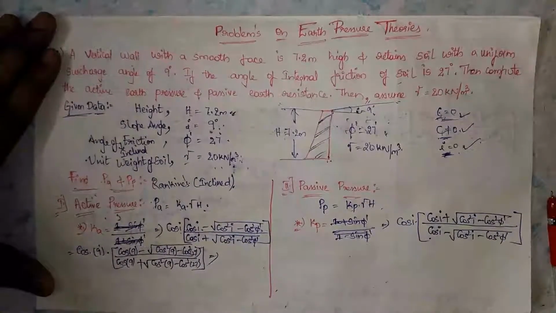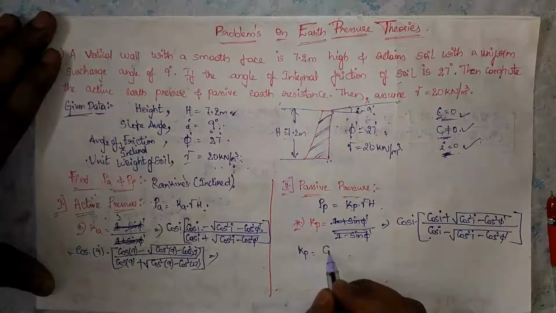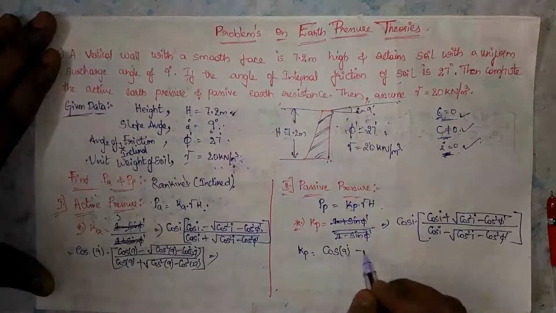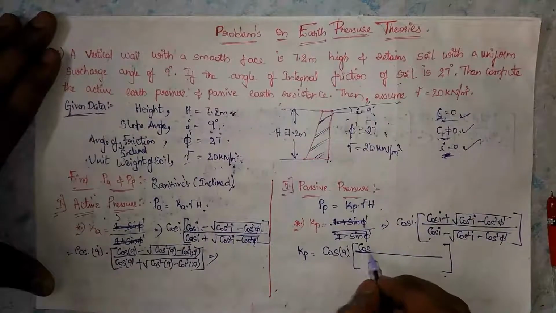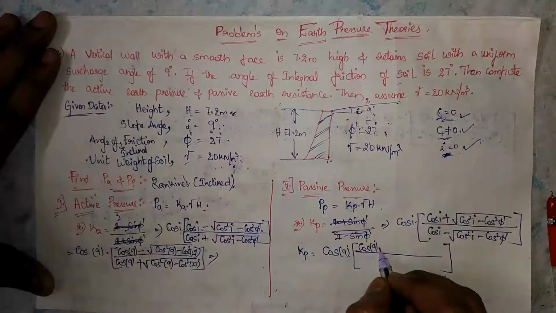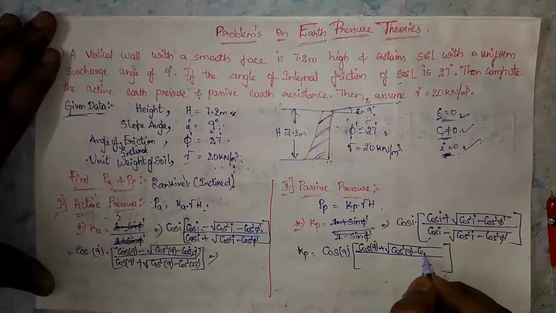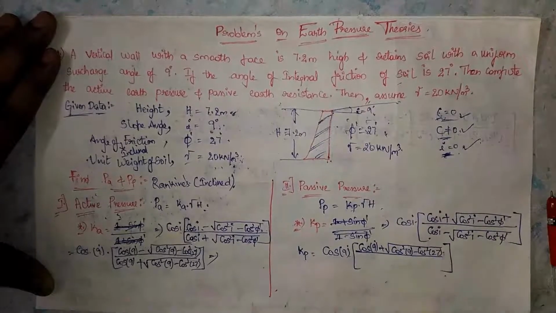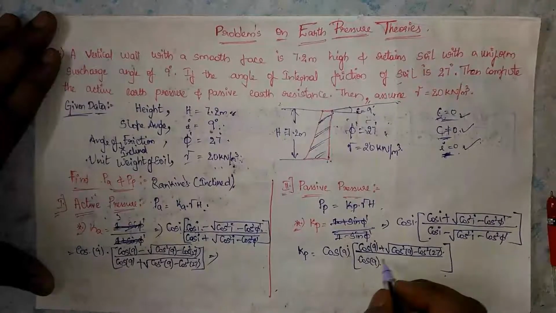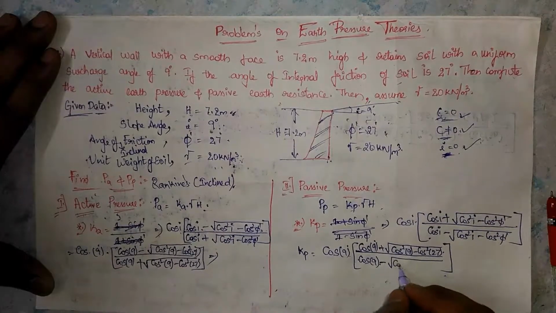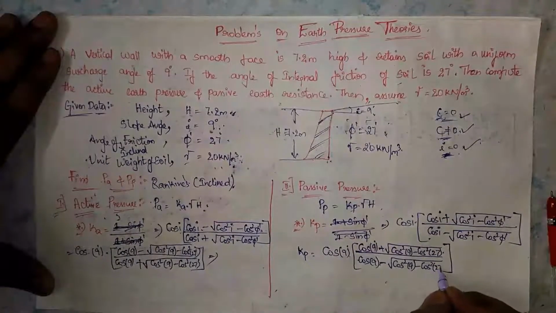Then for this one also, Kp equals cos 9 into (cos 9 plus root of cos square 9 minus cos square 27), next (cos 9 minus root of cos square 9 minus cos square 27).